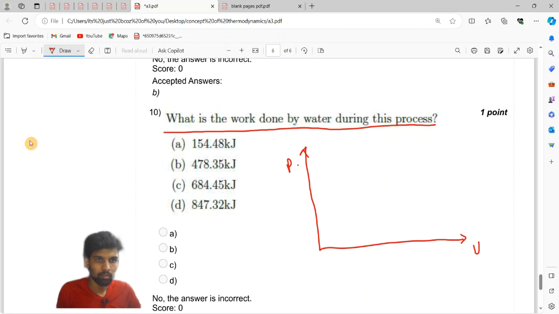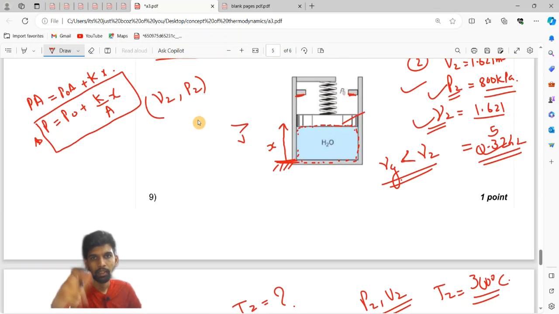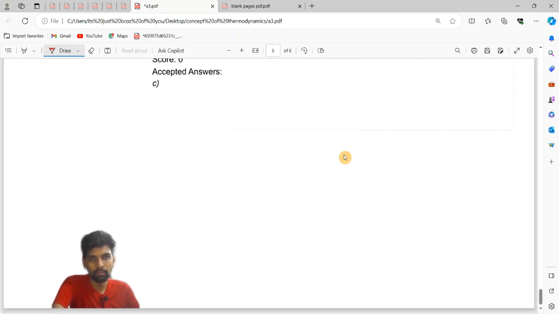Since we know that P is equal to P naught plus K by A times X. I have derived this above, and multiplying and dividing by A, we will get AX, and this AX can be written as volume. How? X is height and A is the area of the piston, and at any distance x, it will be equal to the volume at that given x.